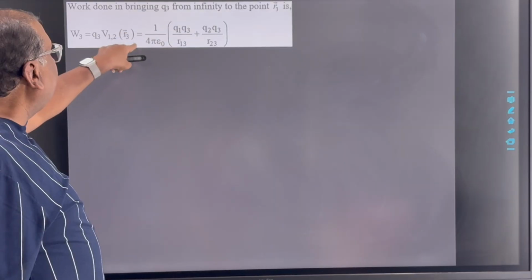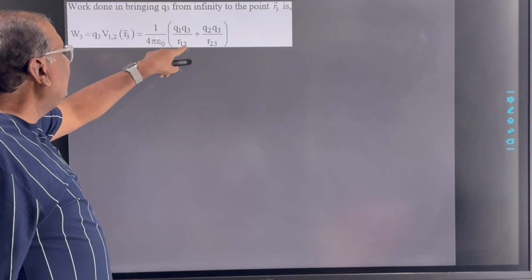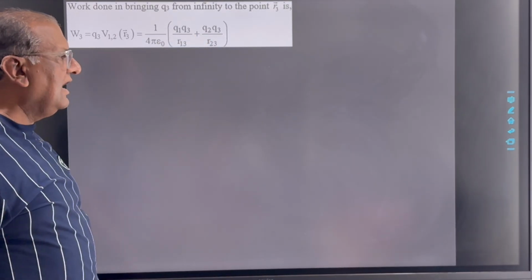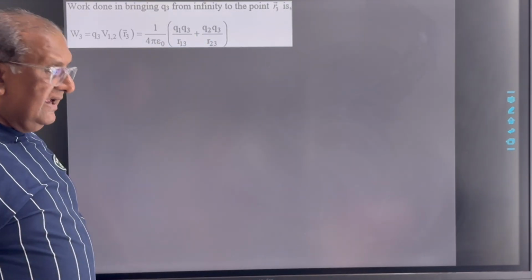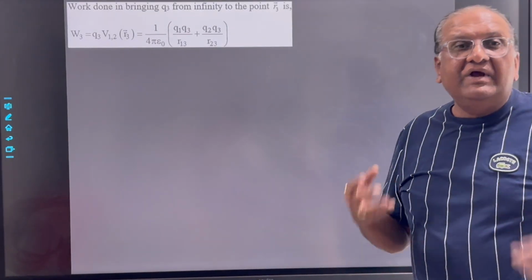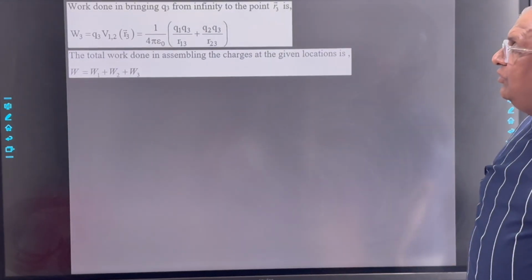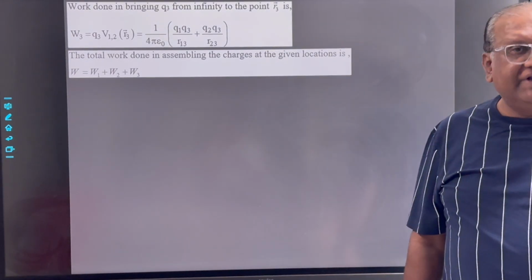So we can write 1 upon 4 pi epsilon 0 into Q1 Q3 upon R13 plus Q2 Q3 upon R23. And now this total work done to assemble the system of 3 charges will be stored in it in the form of potential energy.